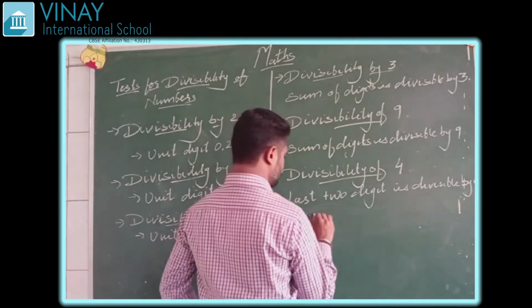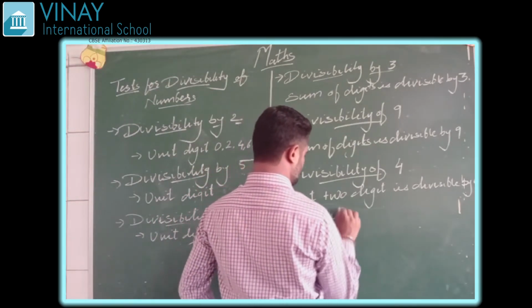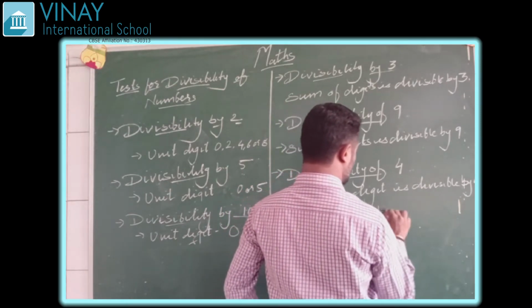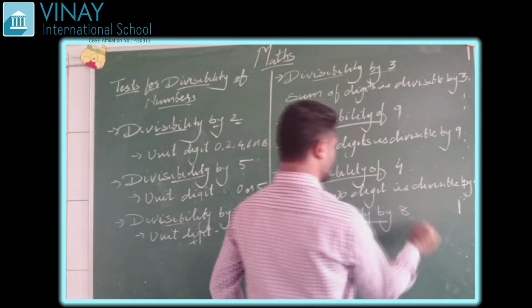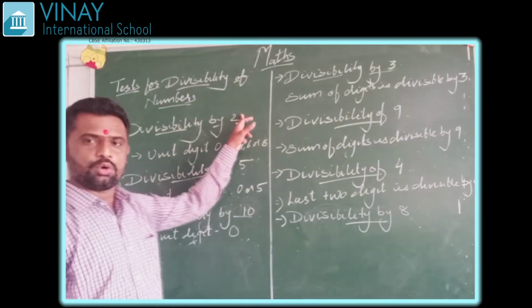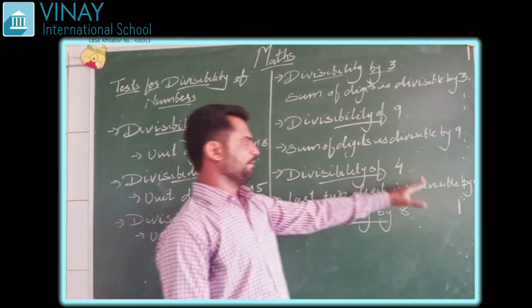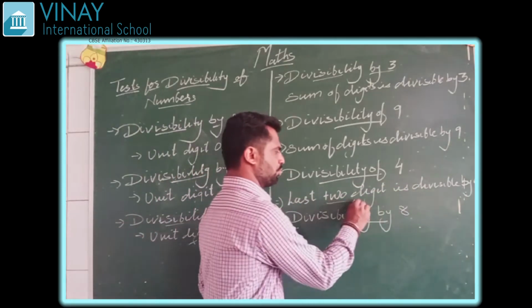Let us see divisibility by 8. Now in 2 we had seen the last one digit. In 4 we had seen the last two digits.